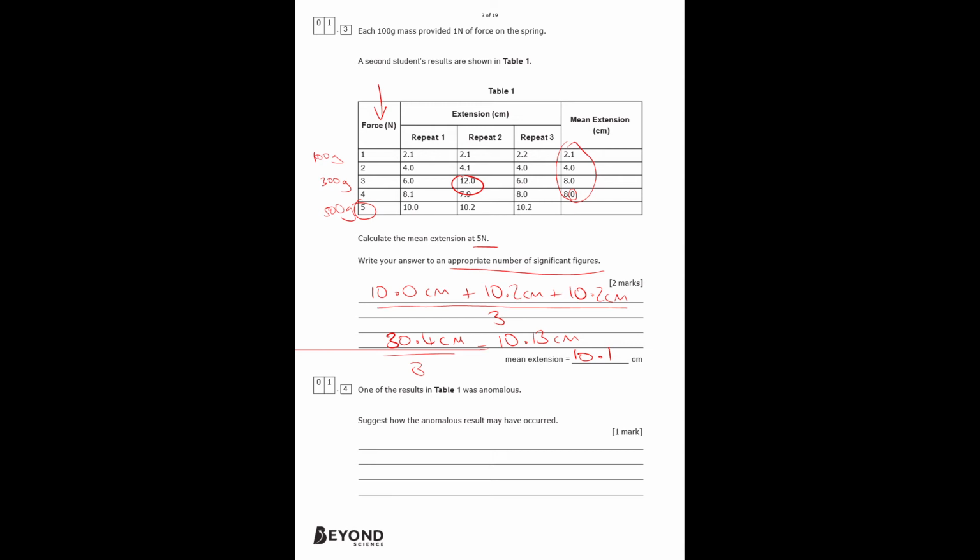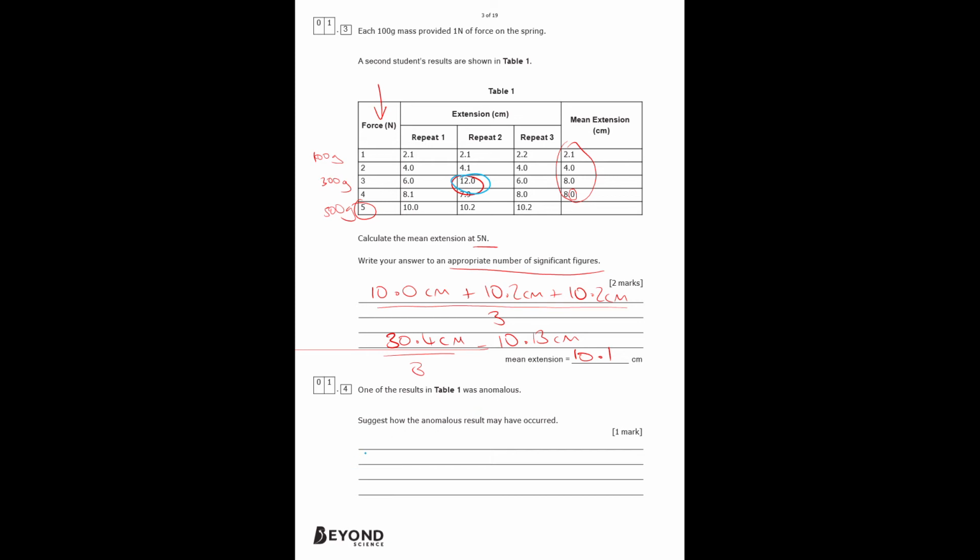1.4 says one of the results in table 1 was anomalous. In fact, I pointed that one out already. So when we had 300 grams on the mass hanger, we had an extension of 6 centimeters, 12 centimeters, and 6 centimeters. This 12 certainly appears to be anomalous. How might this have occurred?